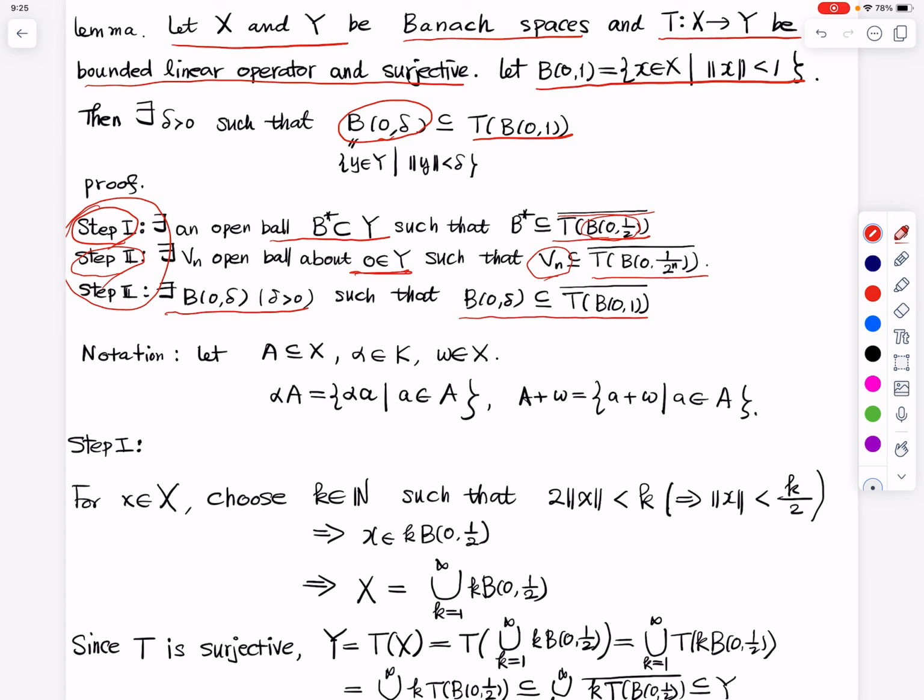Before we go further, I will give one convenient definition.